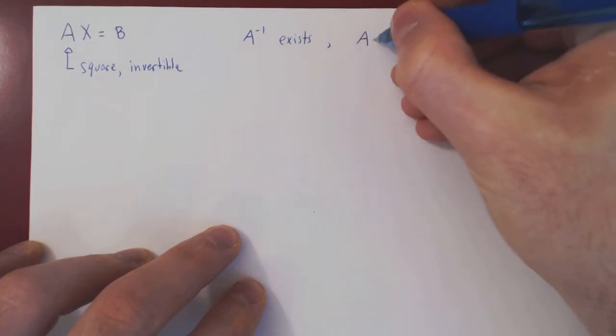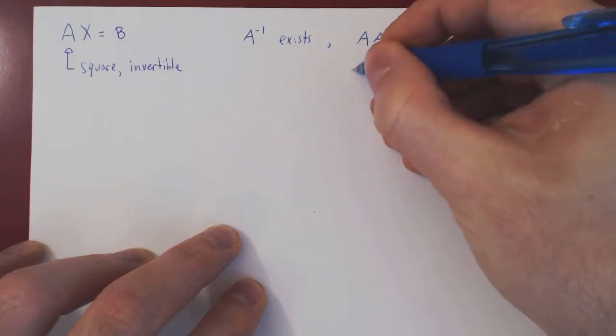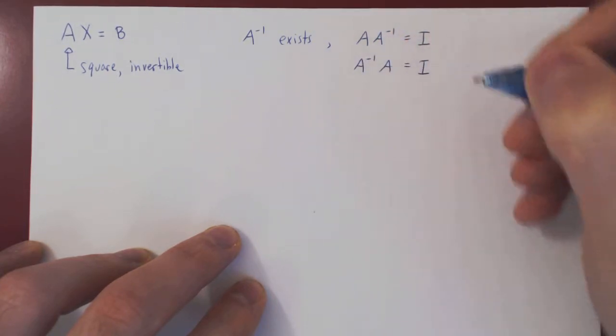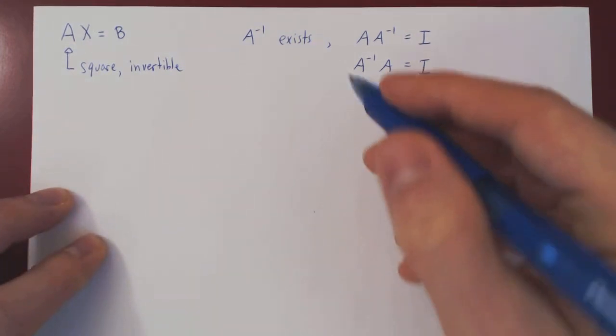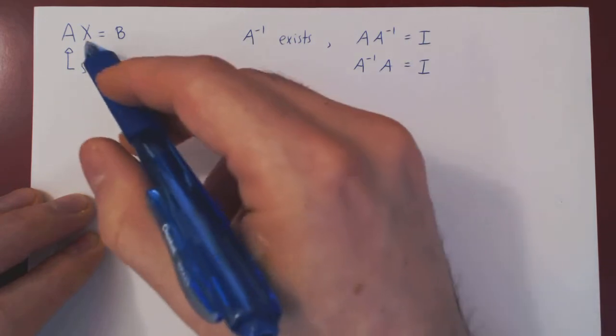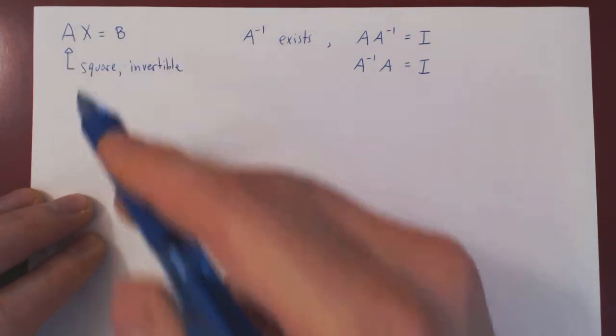So, A times A inverse equals I, but also A inverse times A equals I. Well, let's see if we already have found A inverse, can we use it to solve the linear system now in the form AX equals B? The answer is yes, and it's surprisingly simple.